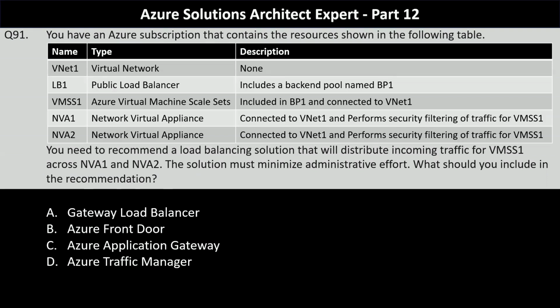You need to recommend a load balancing solution that will distribute incoming traffic for VMSS1 across NVA1 and NVA2. The solution must minimize administrative effort. What should you include in the recommendation? Your options are Gateway Load Balancer, Azure Front Door, Azure Application Gateway, Azure Traffic Manager.